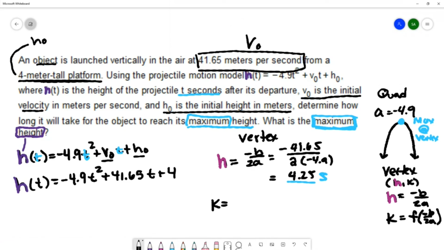Now then, to find the maximum height, we're going to find the y part of our vertex. So I'm going to substitute in for the height function 4.25. Now remember, this h is for height.